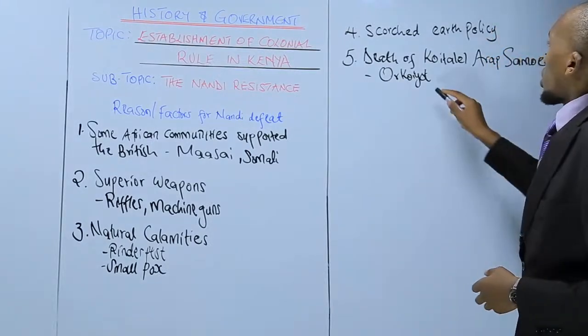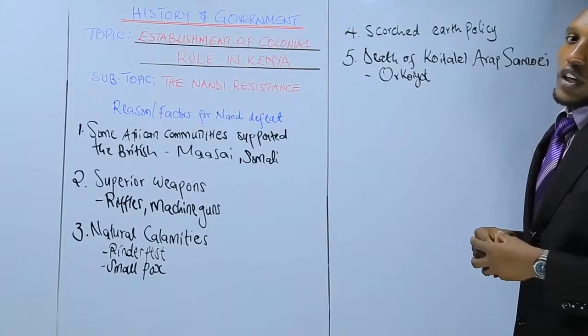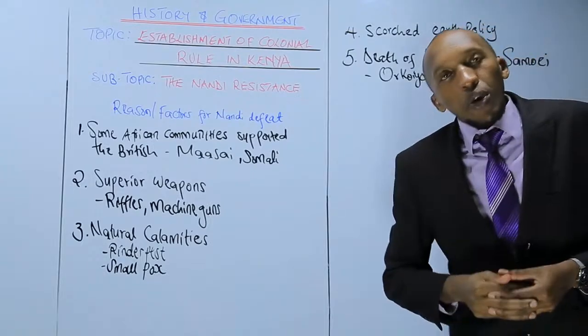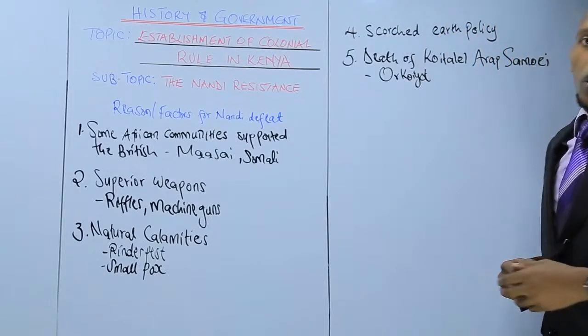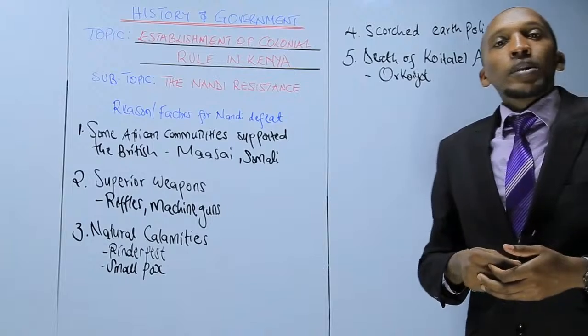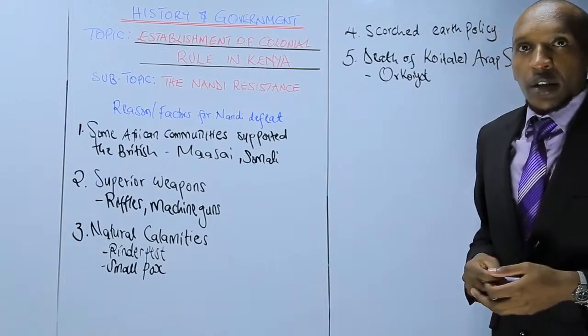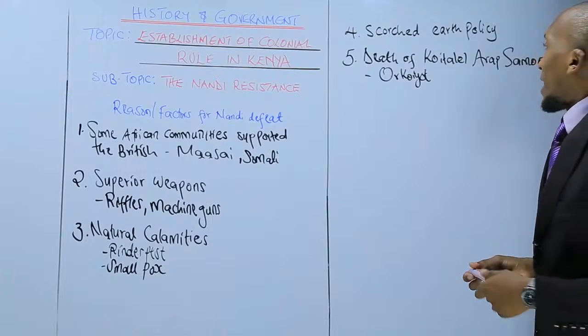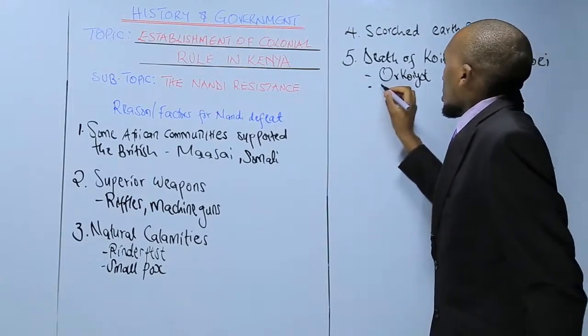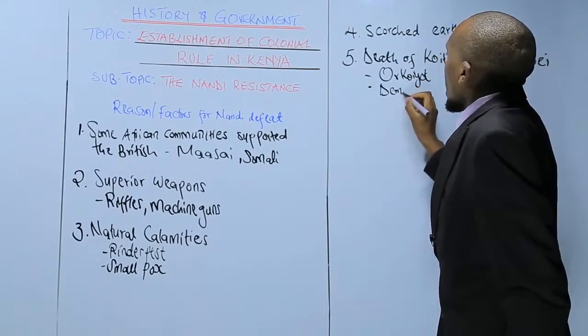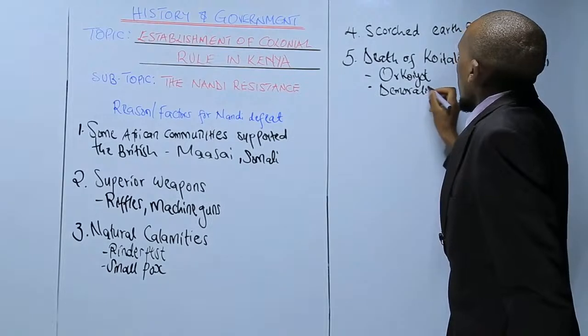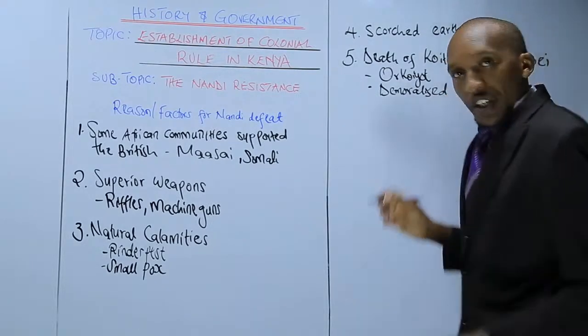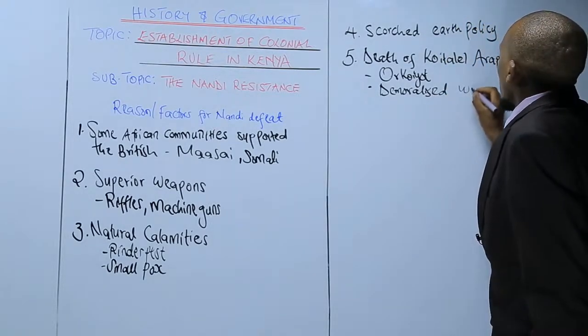So the Orkoiyot, who was at that time known as Koitalel Arap Samoei, was tricked by the colonel of the British and was captured and eventually killed. So that demoralized the warriors.